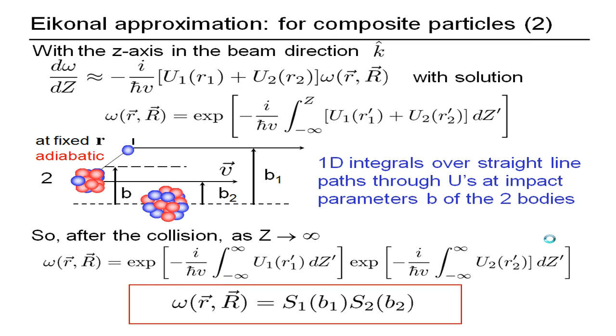So we need to do these integrals along the z direction for particle 1 at impact parameter b1, particle 2 at impact parameter b2, etc. But the most important thing here is not this expression, but that our modulating function is now the product of this exponential, which is the S matrix element for particle 1 scattering independently of particle 2, and this one, which is the S matrix element in the Glauber sense for particle 2. That's what I was advertising before.